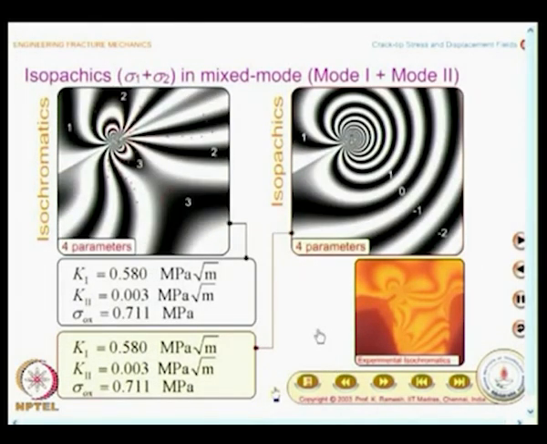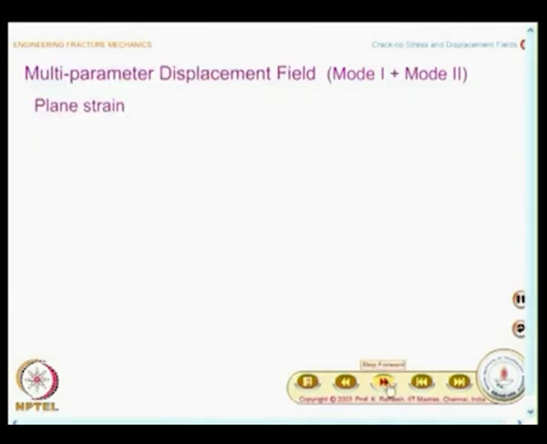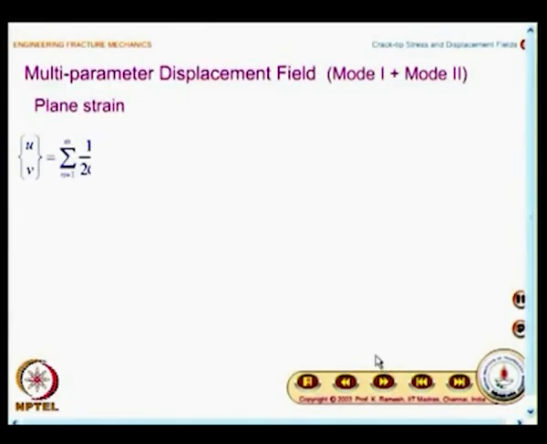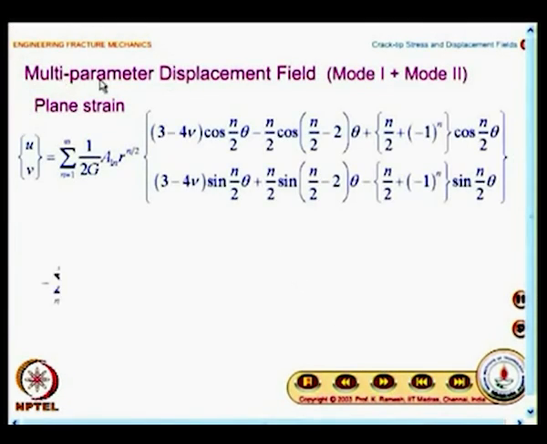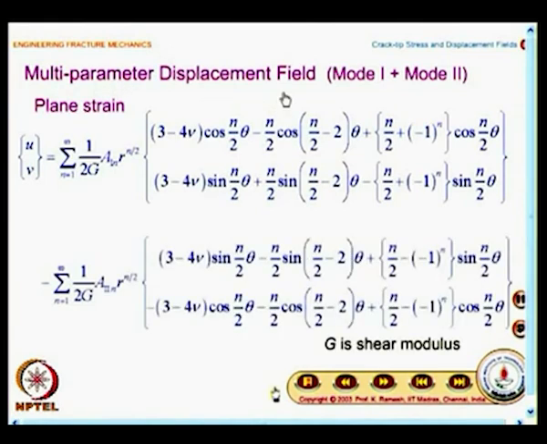Having looked at multi-parameter stress field, we would also look at multi-parameter displacement field equations. This is for mode 1 plus mode 2, and this is obtained for plane strain situation. I have the displacements u and v. This is again given as summation of two series, one corresponding to mode 1, the other one corresponding to mode 2.